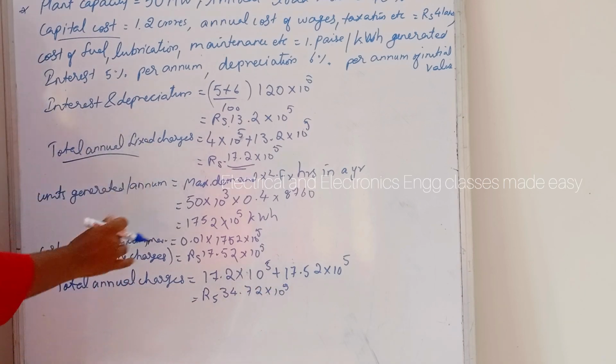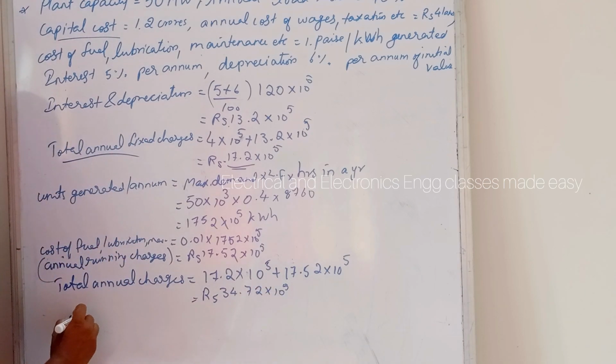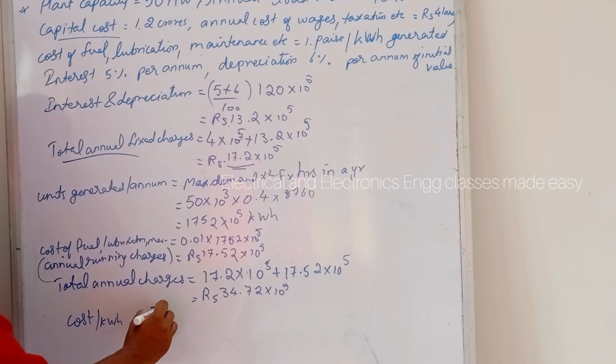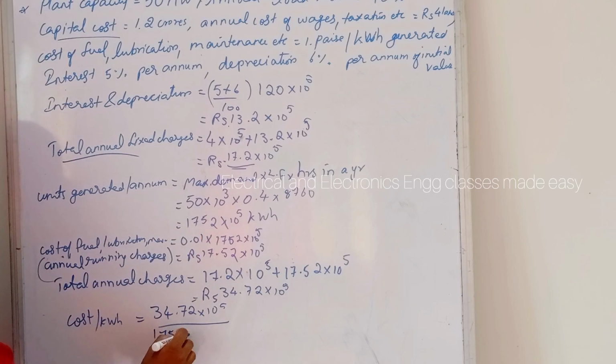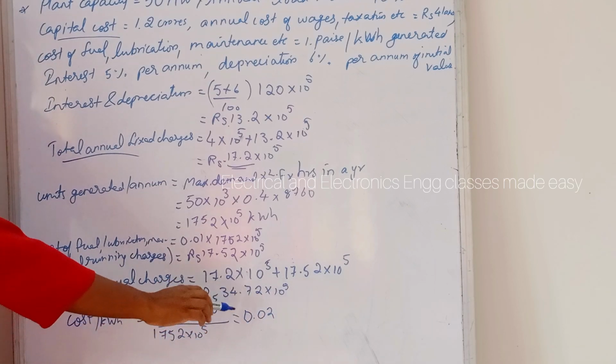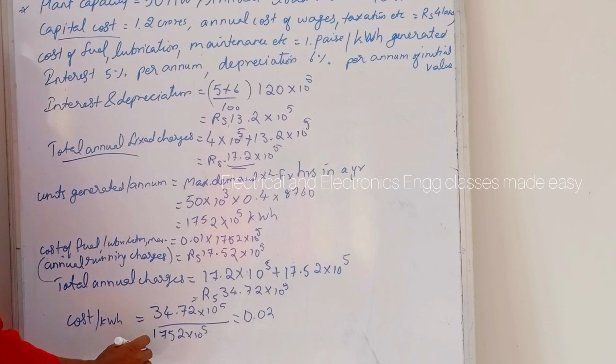Now we can find the cost per kilowatt hour, that is cost per unit, equal to 34.72 into 10 raised to 5 divided by units generated, 1752 into 10 raised to 5, and that is equal to rupees 0.02, or we can write 2 paise.